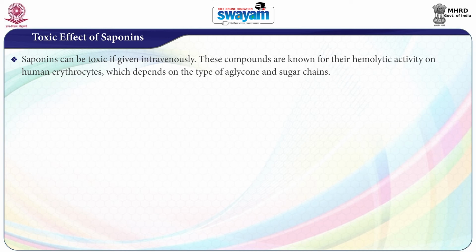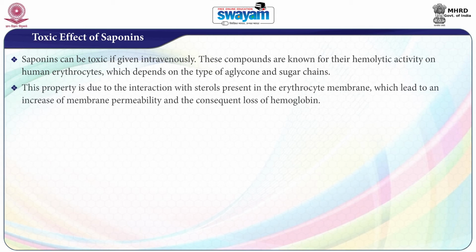Saponins can be toxic if given intravenously. These compounds are known for their hemolytic activity on human erythrocytes, which depends on the type of aglycon and sugar chain. This property is due to interaction with sterol present in the erythrocyte membrane, which leads to an increase of membrane permeability and consequent loss of hemoglobin.